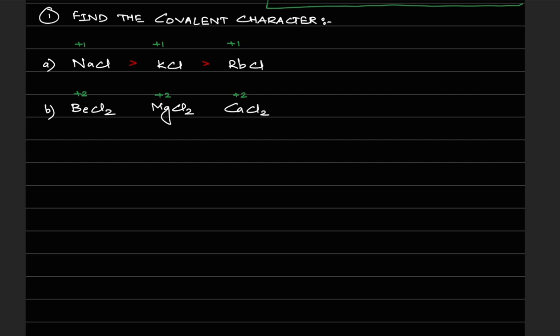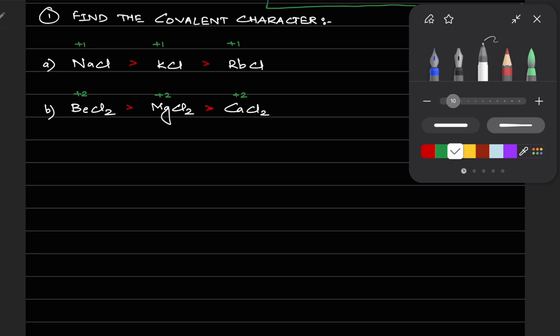So beryllium has the minimum size, magnesium has the moderate size, and calcium has the maximum size. Because of this, beryllium would give you the most covalent character, followed by magnesium, followed by calcium. So who would have maximum covalent character? It would be BeCl2.